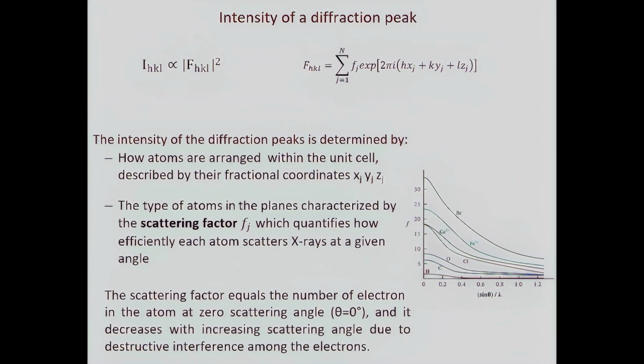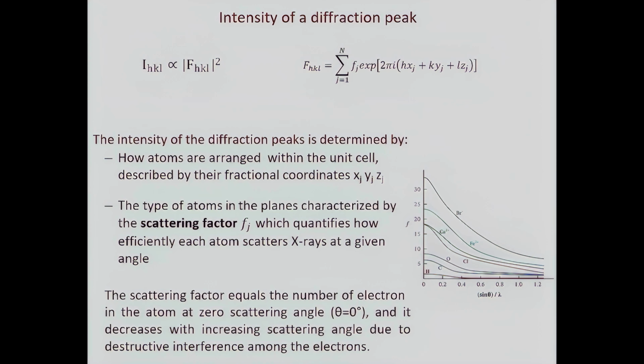Why? Because when we move from 0 to higher theta angle, we start to find destructive interference. At 0 we have completely constructive interference, so we collect the maximum signal.